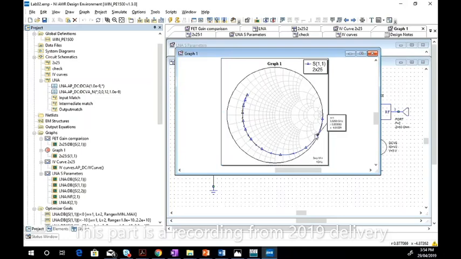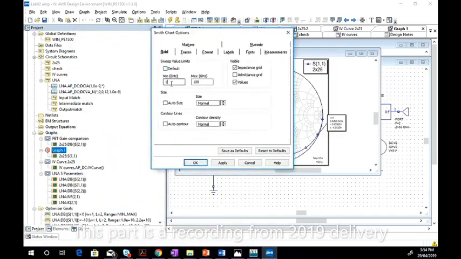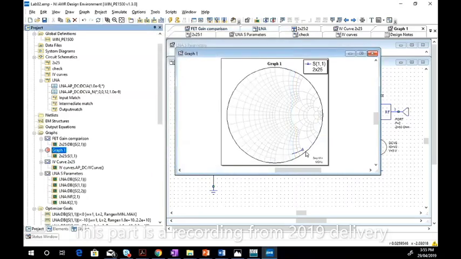We are interested in 12 to 16 gigahertz, so I will restrict the frequency from 12 to 16.